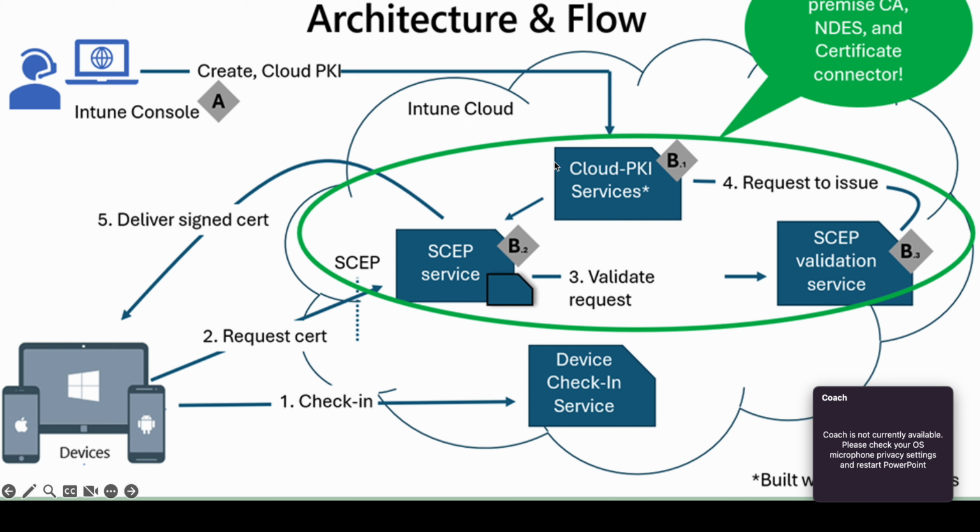Then in the fifth stage, as soon as it is validated, the signed certificate is delivered to the Intune enrolled MDM devices. And in the entire flow, the SCEP challenge is encrypted and signed using the Intune SCEP registration authority key.